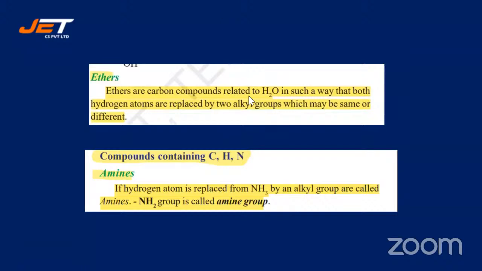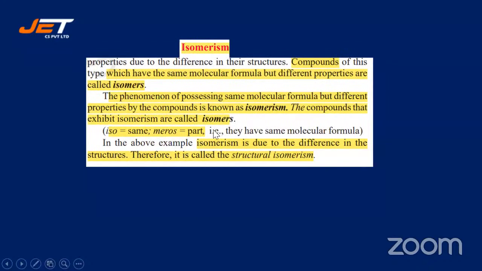Ethers are carbon compounds related to H2O in such a way that both hydrogen atoms are replaced by two alkyl groups, which may be same or different. Next coming to amines. If a hydrogen atom is replaced from NH3 by an alkyl group, they are called amines. The NH2 group is called the amine group.